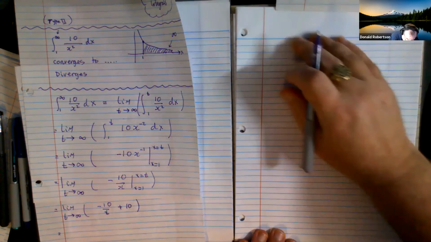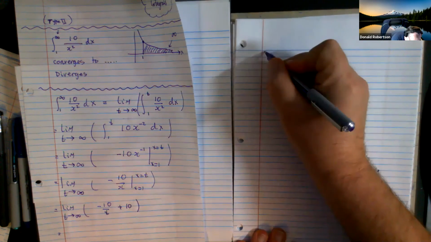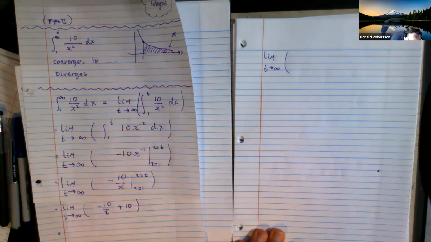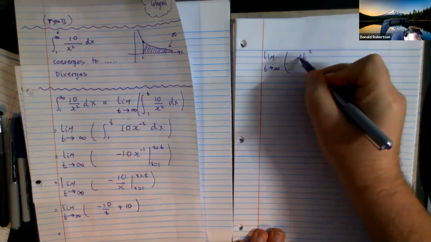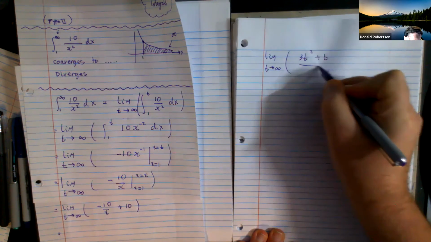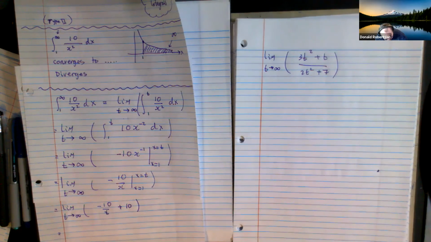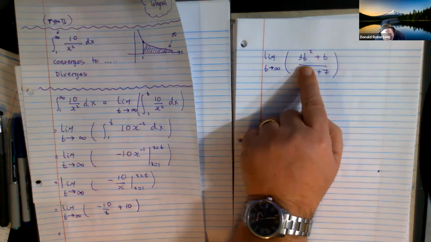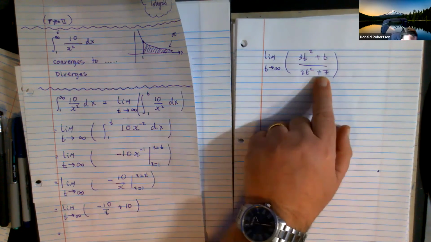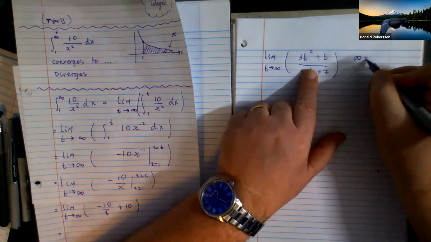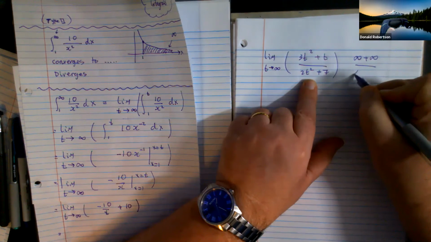There's a second technique that you sometimes have to use. And this happens when you get things like 3t squared plus t on the top and 2t squared, say, plus 7 on the bottom. It's not a good idea to do brute force on this question, because if you do the calculation on top, you basically get 2 infinities added and an infinity adds 7.